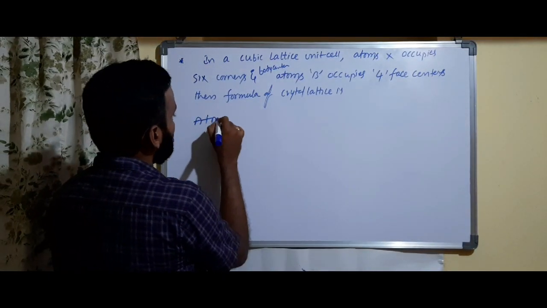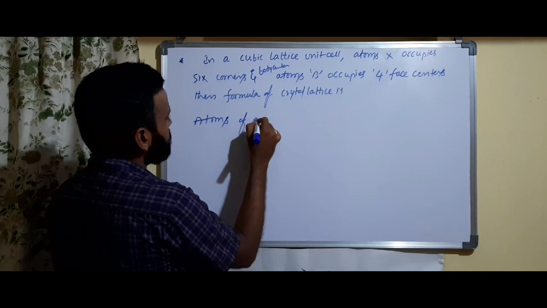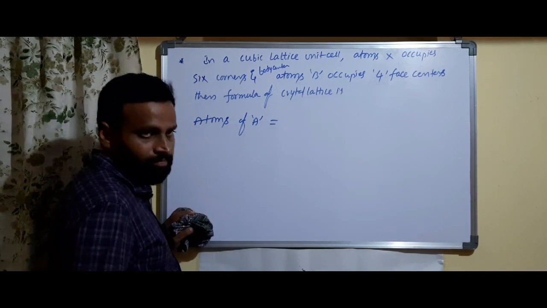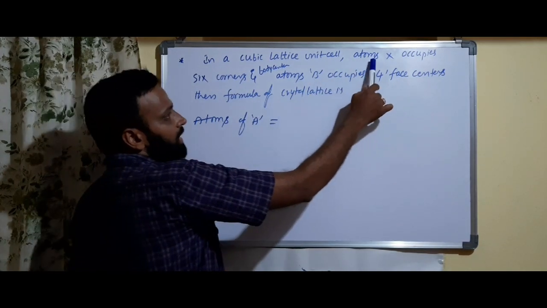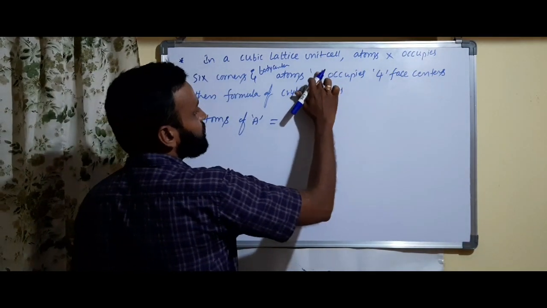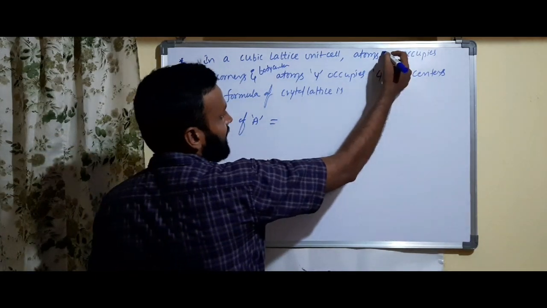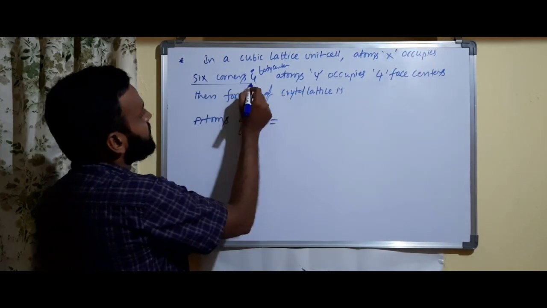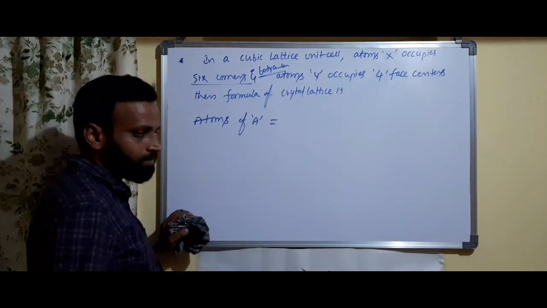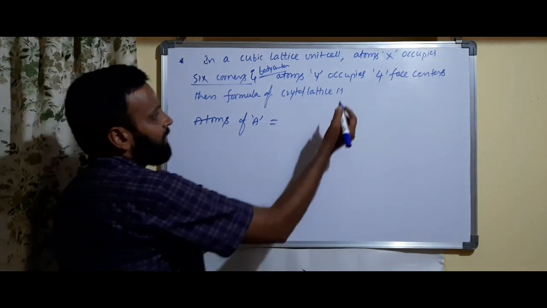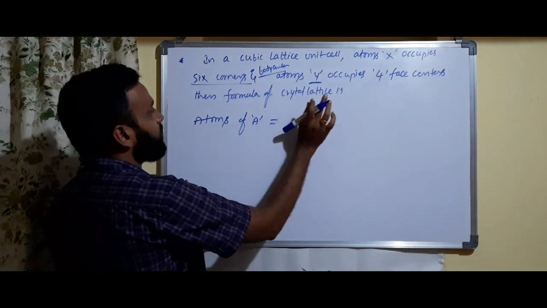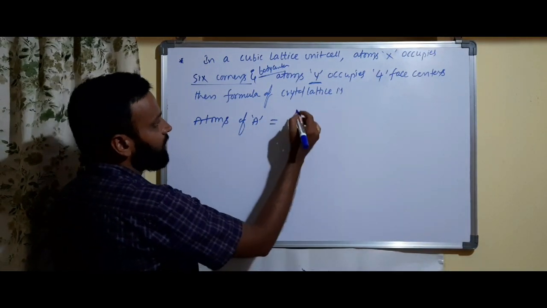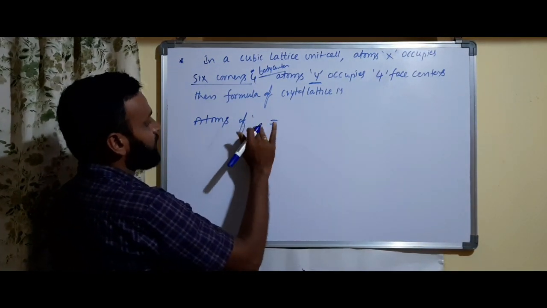Now atoms of A. So look at the numerical and read once. In a crystal lattice unit cell, atoms X and atoms Y. X atoms occupy only 6 corners and the body center. And Y atoms occupy 4 face centers. Then the formula of the crystal lattice: atoms of X, you are taking.